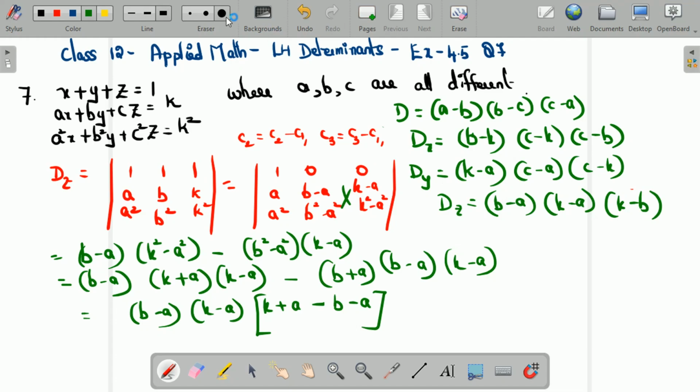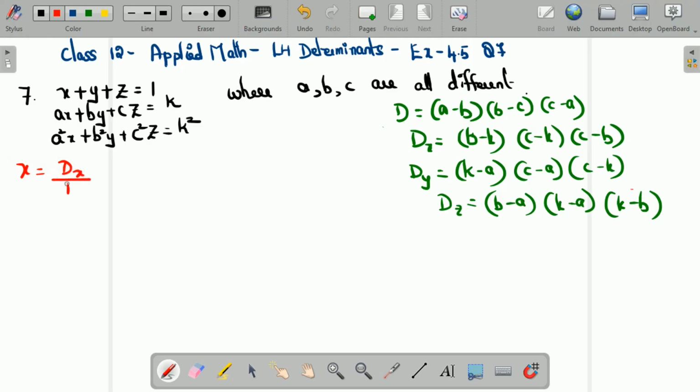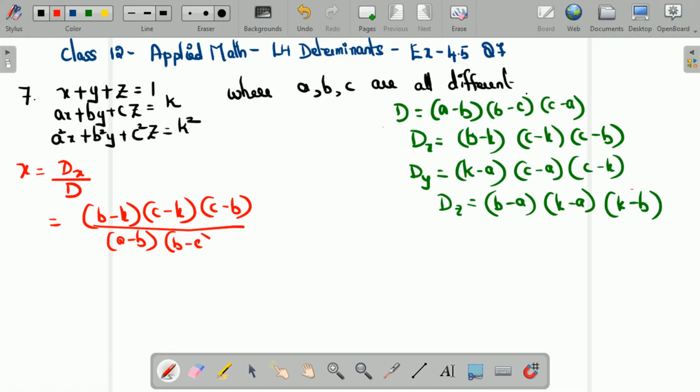Now let's compute x, y and z. x is equal to dx divided by d, which means b minus k into c minus k into c minus b, the whole thing divided by a minus b into b minus c into c minus a.